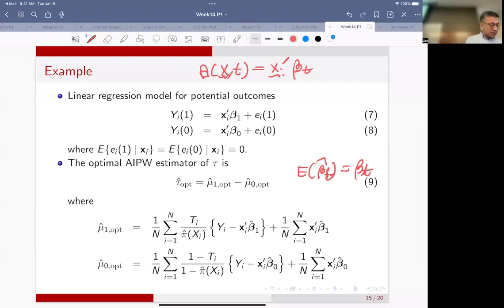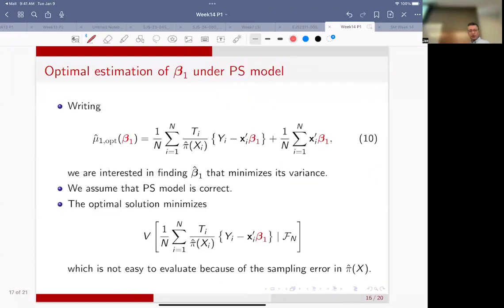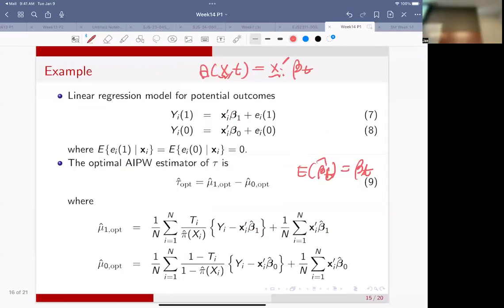But now, here's the interesting part: you want to consider when only one model is correct. Because I know that if both models are correct, then this beta hat does not make any difference, so that's not interesting, right?